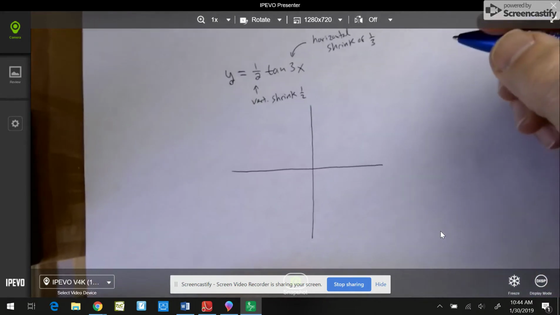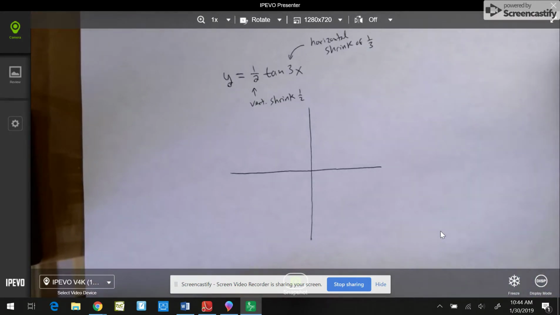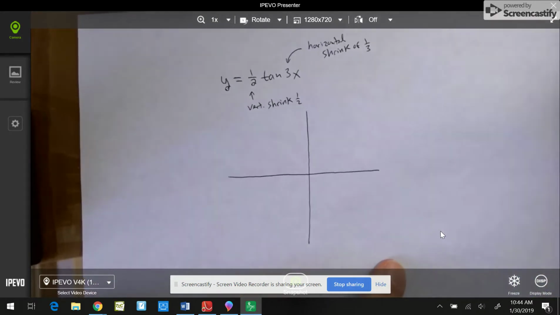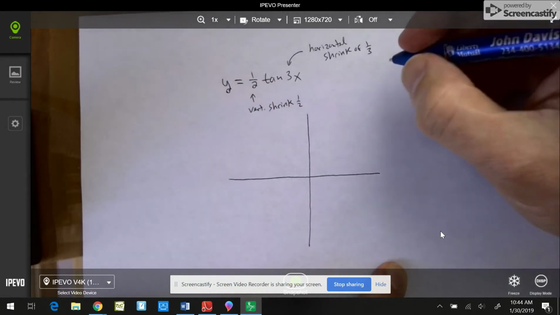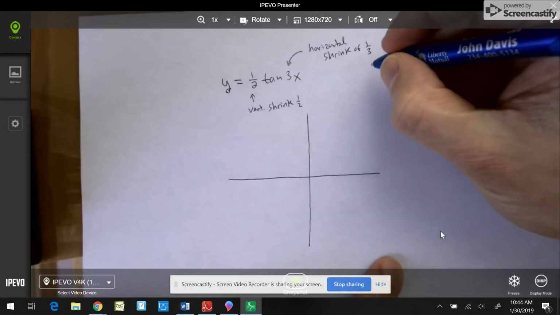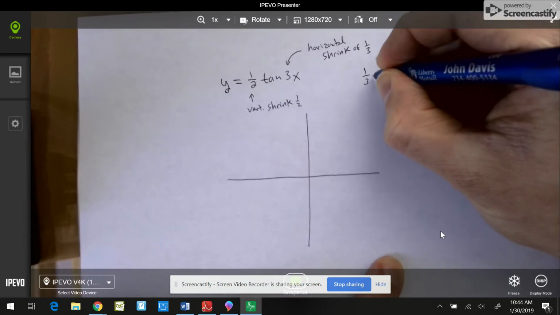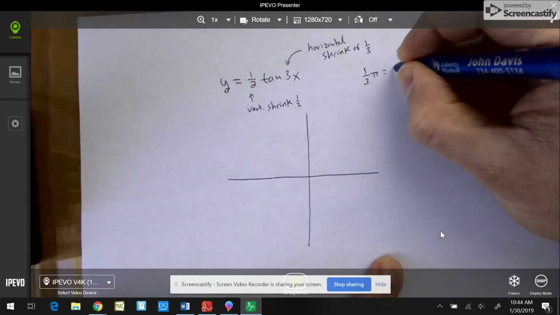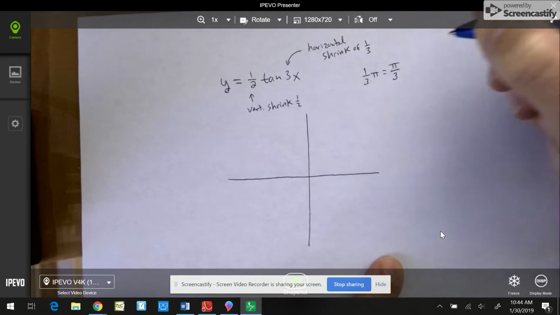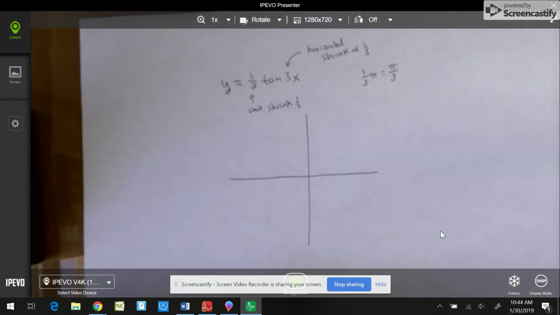And what will happen is the period is 1/3 of what it was. The period for the tangent graph is normally pi. So we take this 1/3, multiply it by pi, and we get pi over 3. This is now our new period length.